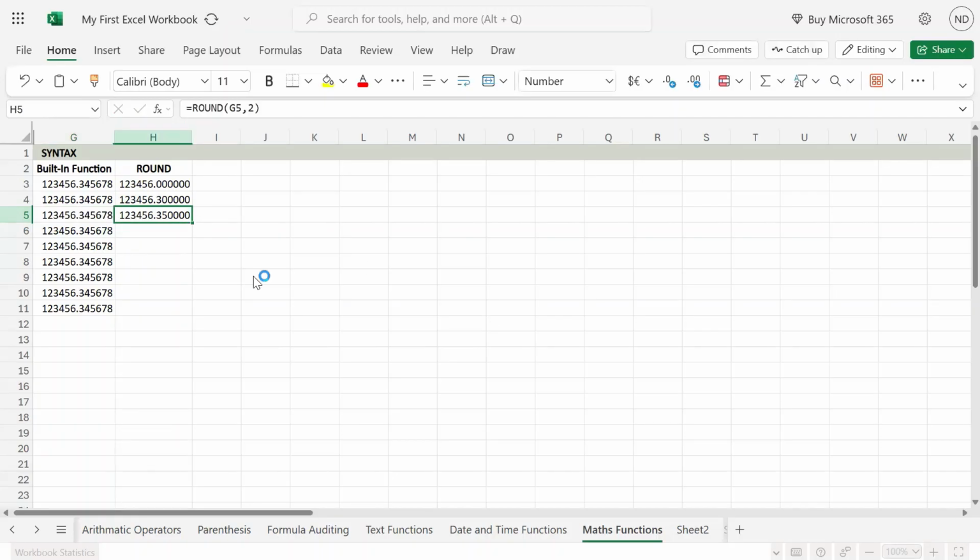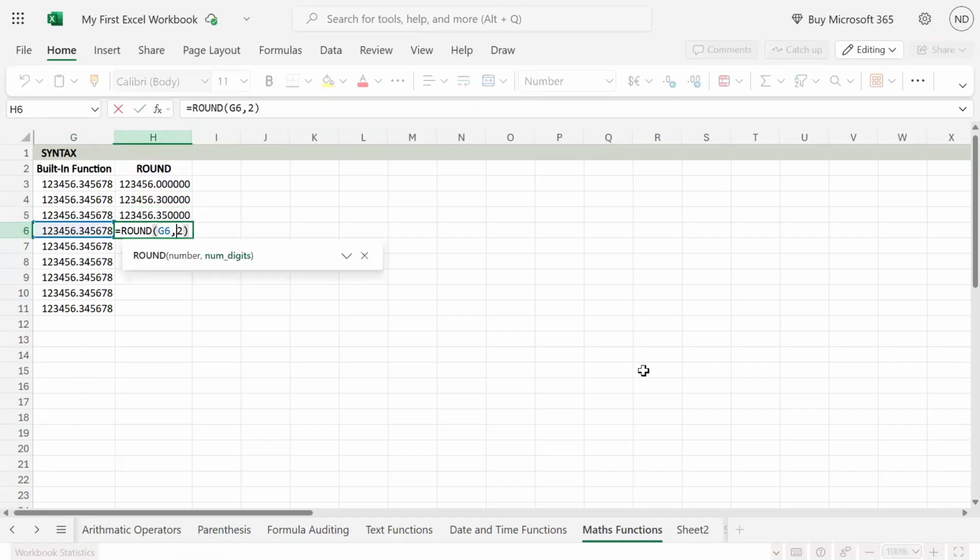Let's try with 3 decimals. Usually what happens, since 678 is greater than 5, it will change this 5, which is in the third decimal, to 6. So let's check and make this decimal 3.